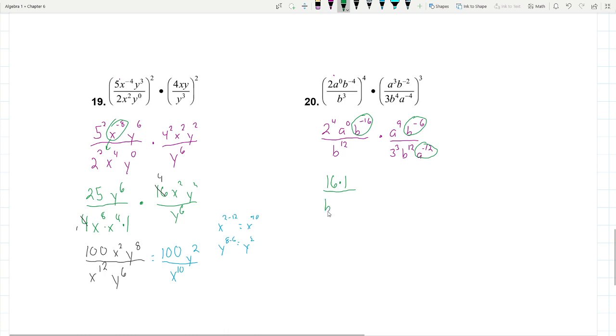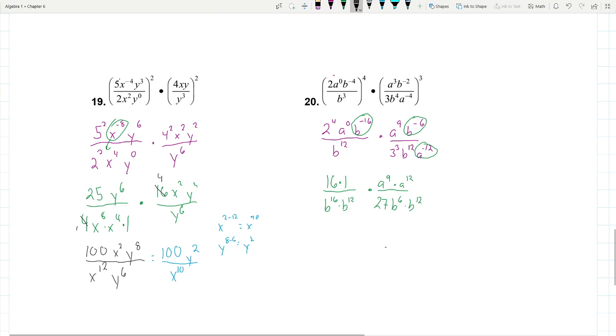So I got b to the 16th times b to the 12th times a to the 9th. This b to the negative 6 is moving, so I move it down. 3 to the 3rd power is 27. B to the 6th times b to the 12th. The a needs to move back up top, so a to the 12th.